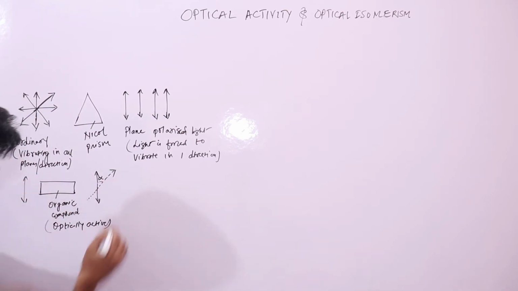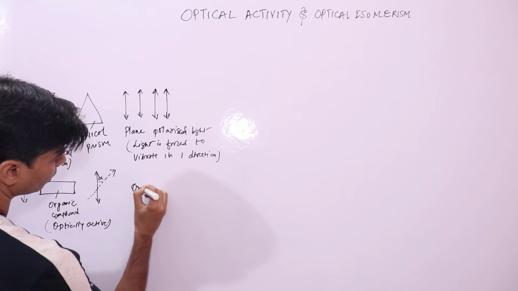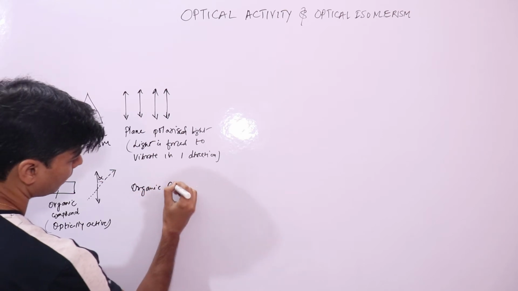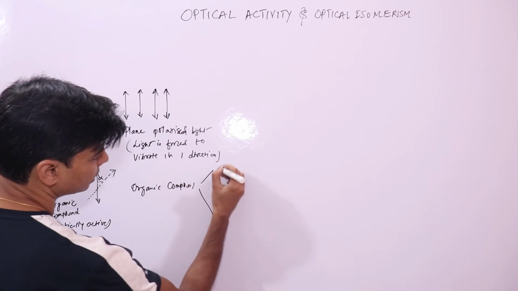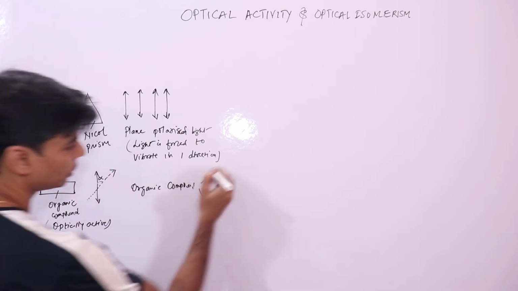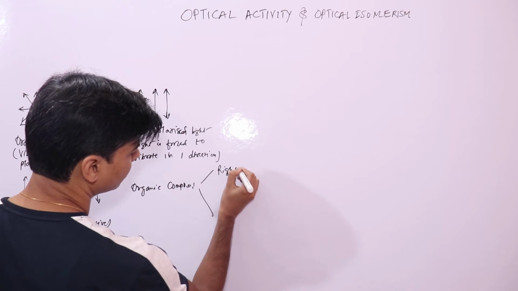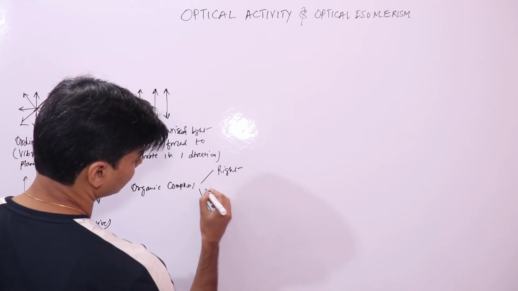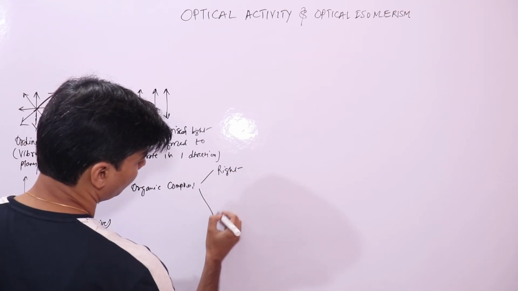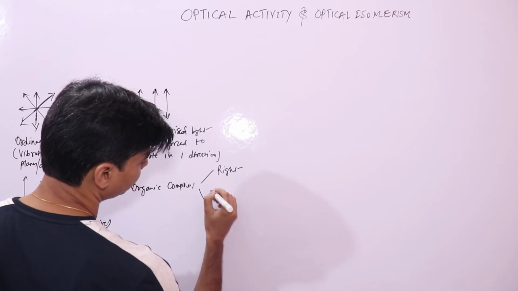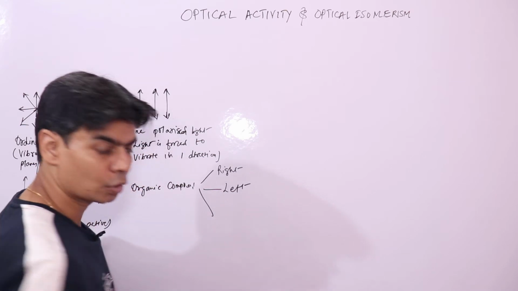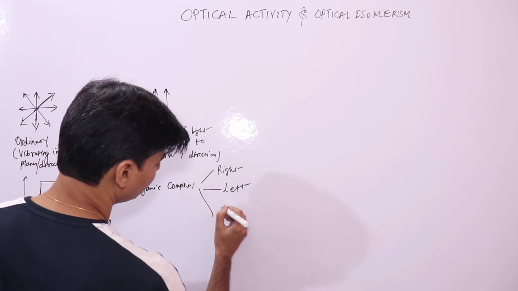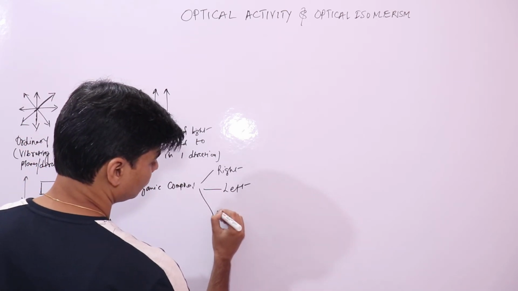So organic compounds, three things. It will rotate the plane of polarized light towards right, or it will rotate it towards left, or it will not rotate the plane of polarized light.